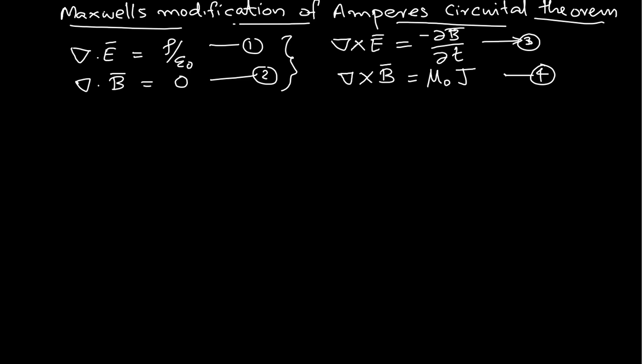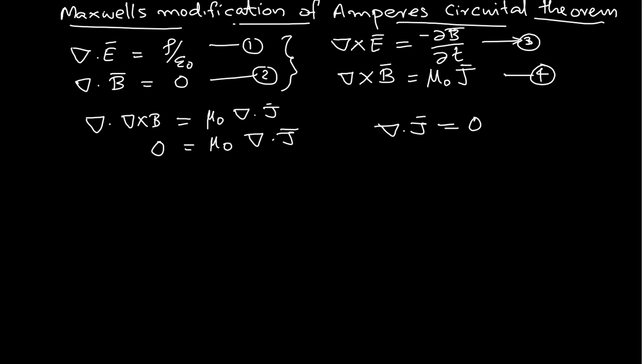Taking divergence on both sides, del dot del cross B equal to mu 0, a constant, into del dot J. Since the divergence of curl of any vector is equal to 0, the LHS term must be equal to 0, that is 0 is equal to mu 0 into del dot J. Mu 0 is a constant and it is not equal to 0, therefore del dot J is equal to 0.